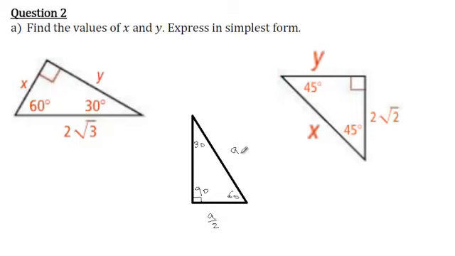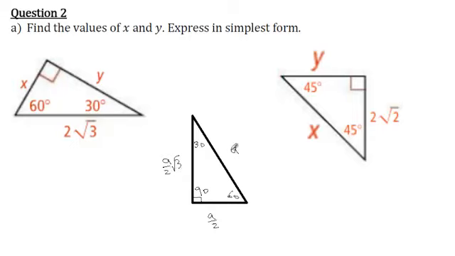The longest one is A, the shortest one is A over 2. The third side, which is in between, is A over 2 radical 3. So it's the hypotenuse divided by 2 multiplied by radical 3. Clear?